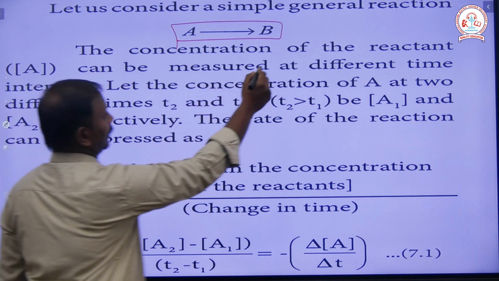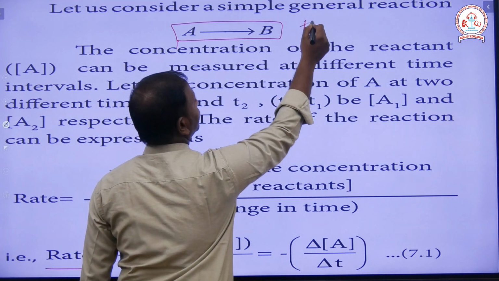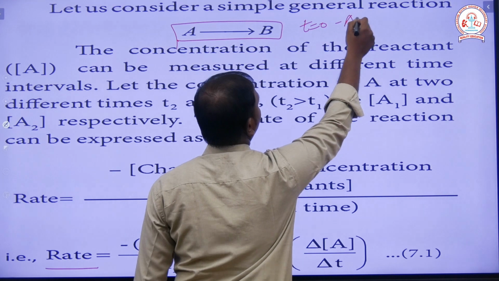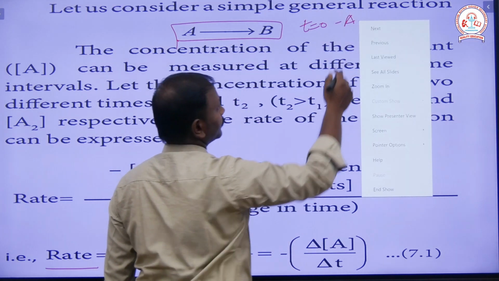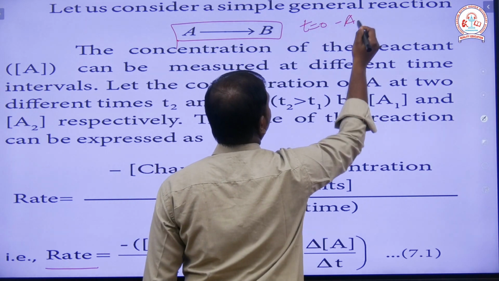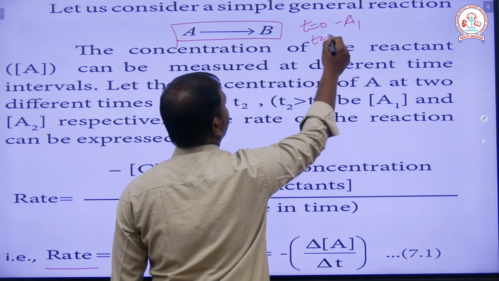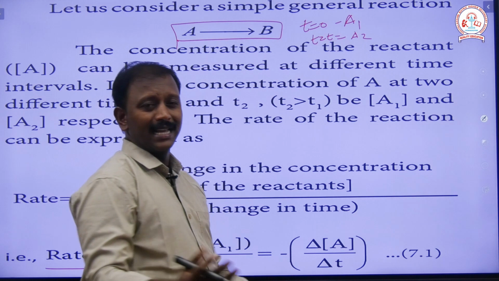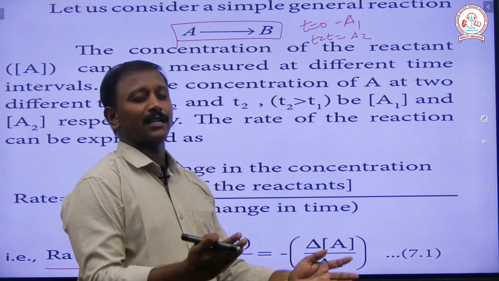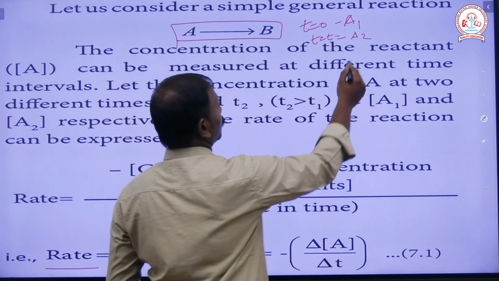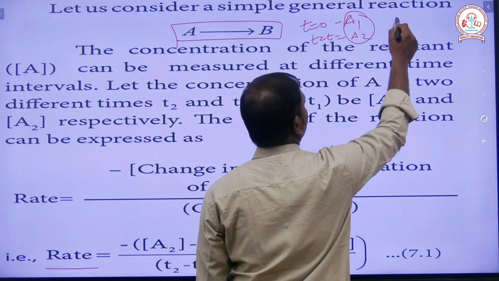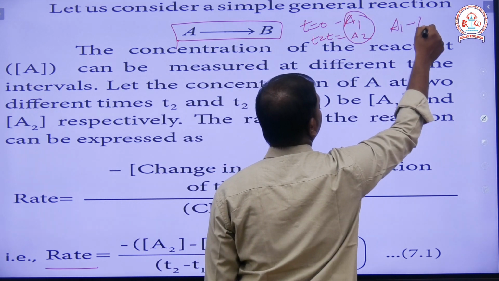Initially at t equals 0, the concentration of A is A1. When t equals t time, it changes into A2. That means A2 has reduced some part of itself. So how much has it decreased? We measure it like A1 minus A2.